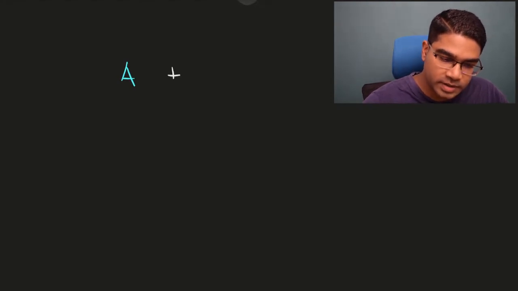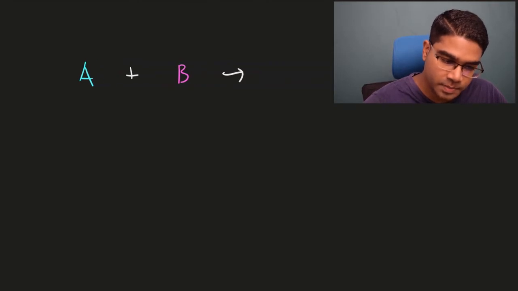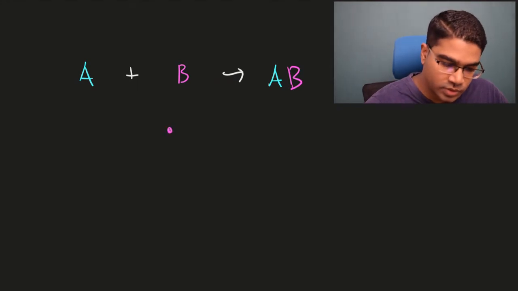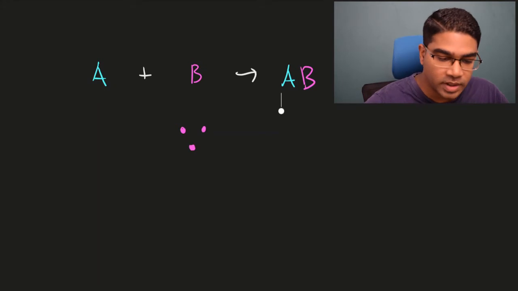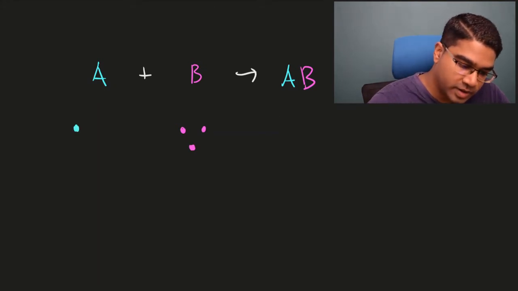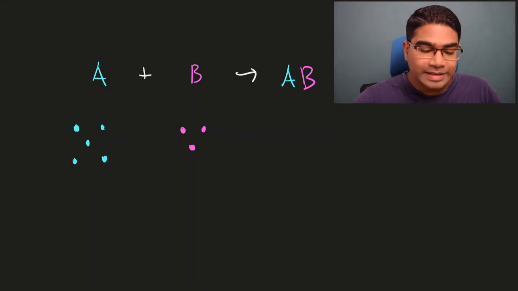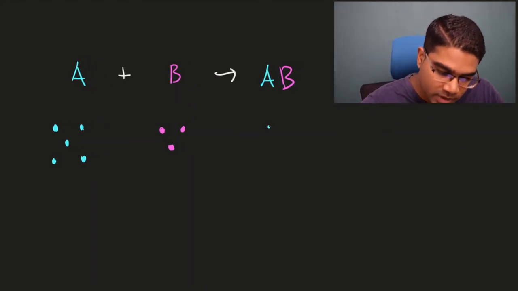Now, let's say we have reactant A reacts with reactant B to form AB. And let's say we had 3 particles of B and we had 5 particles of A. Now from this, when you think about it, we can only form 3 molecules of AB.